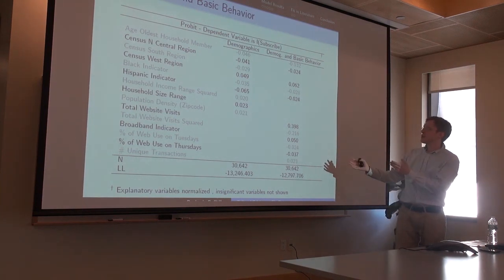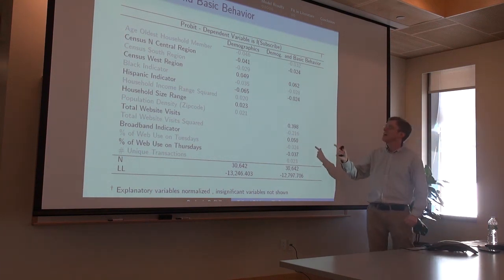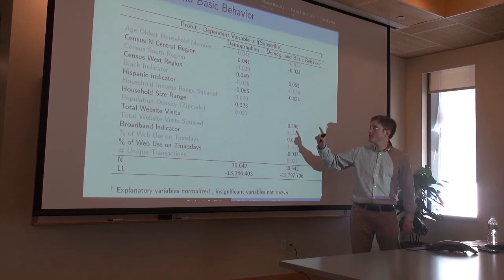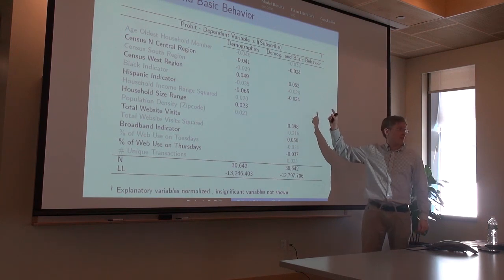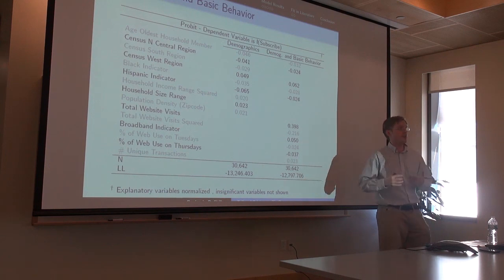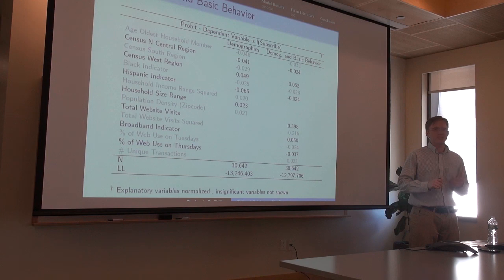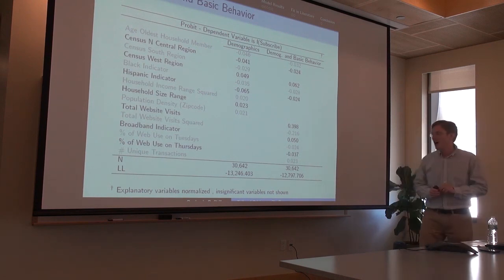And so the main takeaways that I have from these regression results are first that adding to demographics the basic behavior variables increases the likelihood quite a bit. Now there's a lot of observations, but it's significant at, it's basically, the p-value would be so low as to not be distinguishable from 0 by machine precision.